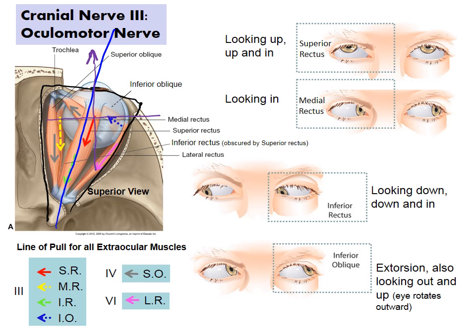Thus, the superior rectus muscle, as we can see here with the red line, is able to pull. When it pulls, if everything else is able to relax and the superior rectus contracts, it's able to pull the eyeball up. Remember, this is a superior view, so it's going to contract and pull the eyeball up, but it's also going to pull the eyeball in a little bit as well.